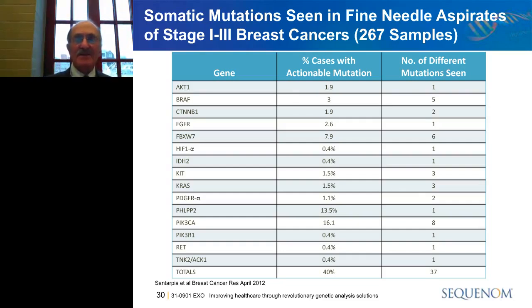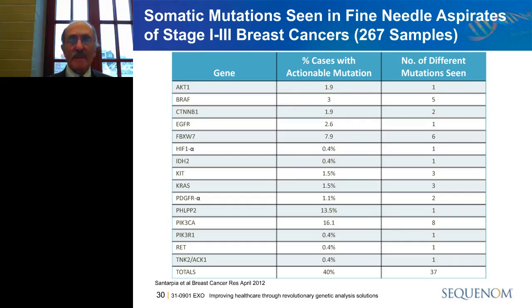And at that sensitivity, having tested probably 500 mutations, they could see 37 different mutations in this cohort. And 40% of the women in this cohort had one or more of these somatic oncogene mutations, of which the most common are in PIK3CA.